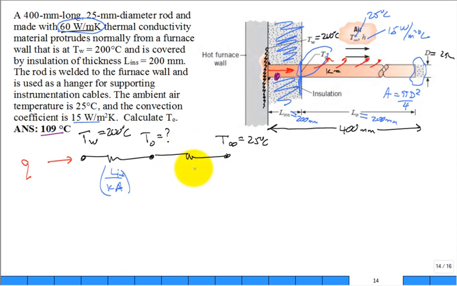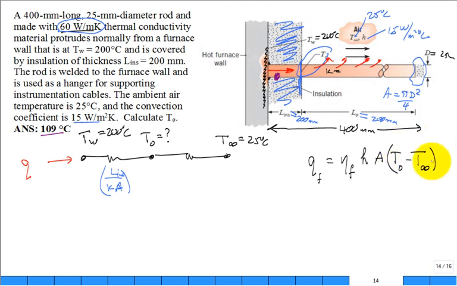Now I have to have this resistance for the convection off of a fin into the fluid. It's kind of a combination of conduction through the fin and then convection off the surface into the fluid. Well, I know how to write the rate equation. The Q off, from the base into the fluid, is equal to eta F H A delta T, which is T naught minus T infinity.